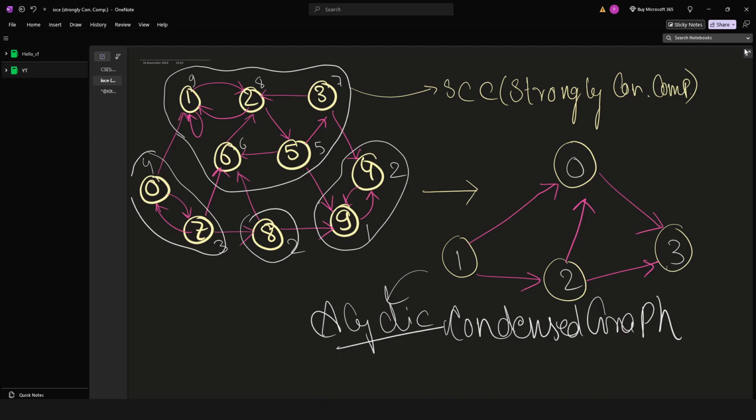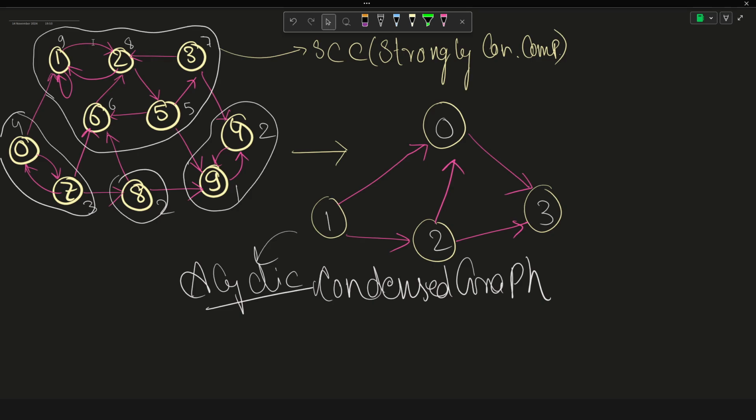See, we converted this graph into this condensed graph, but how did we do that? We will be visiting each and every node present in this original graph and seeing what neighbors are present for a particular node. Like for 1, the neighbors present are 1 itself and 2, right?